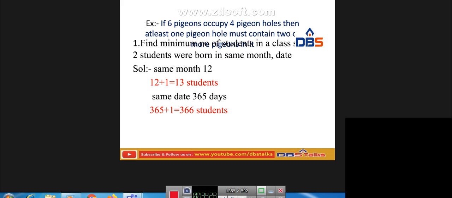Find the minimum number of students in a class such that two students were born in the same month and date. Same month: there are 12 months, so 12 plus 1 equals 13 students. Same date: 365, so 365 plus 1 equals 366 students. Likewise we have to construct the pigeonhole principles.